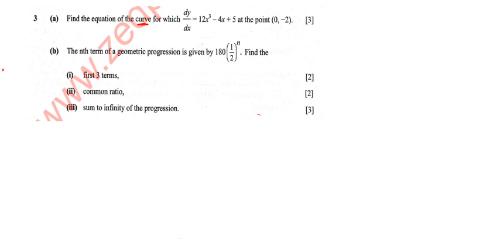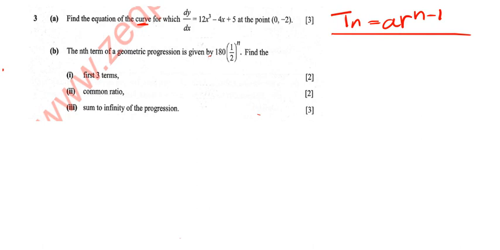Now this question, guys, was very simple. I can't lie. So the nth term of a geometric progression is given by that. So guys, I know we have this thing of the nth term being defined by a r to the power n minus 1. Guys, this is the equation that we normally use every time.